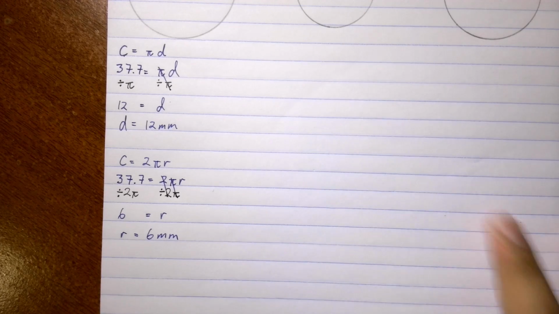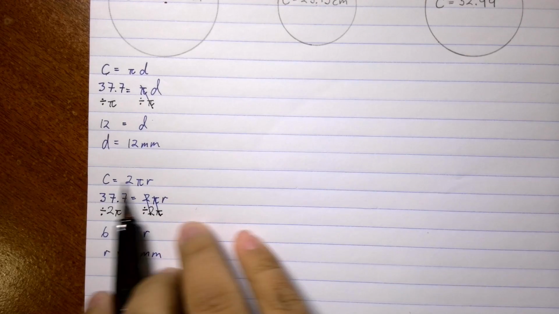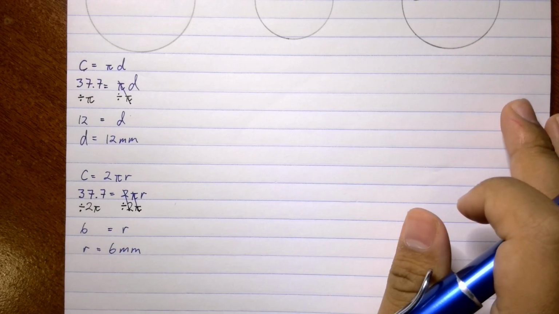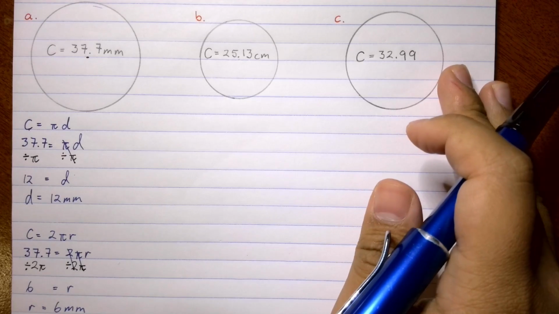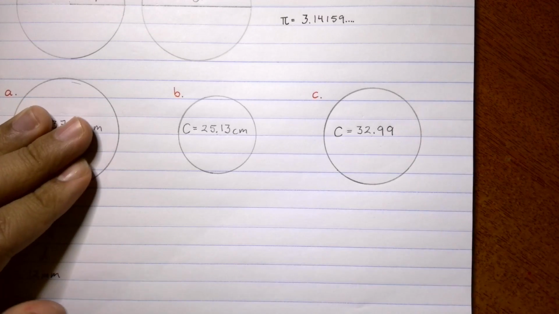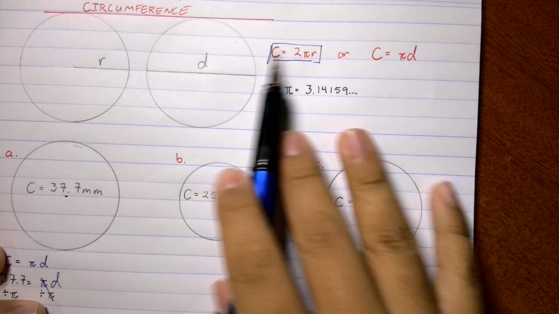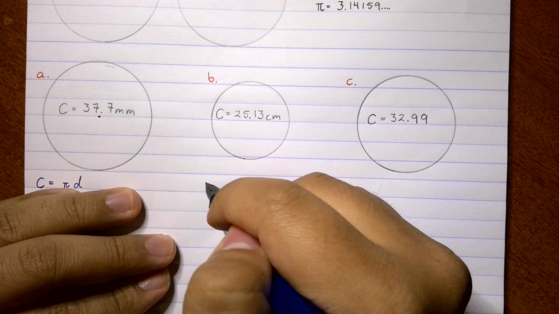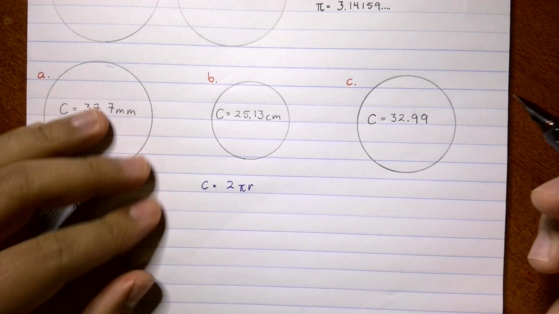So these are the two methods we can use derived from the two original formulas. Now I'm going to show you another method that we can use to find either of these. For this one, I will only be using the radius equation. Here we are. So C is equal to 2 pi r.